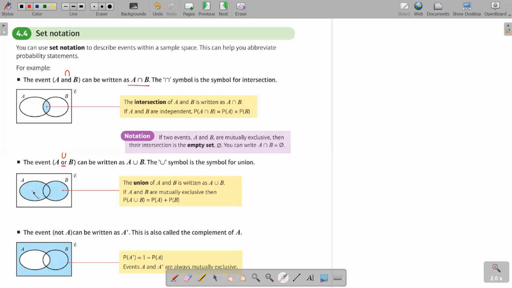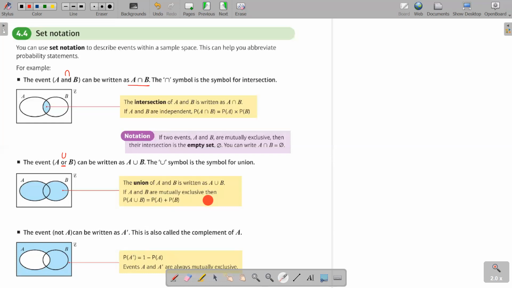When they say A union B, you don't take just the middle of A and B, but you take everyone. Everyone involving A and everyone involving B is colored here. So the entire circle A and the entire circle B are included in A union B. The union of A and B is written as A ∪ B. In this case, the events are not mutually exclusive.